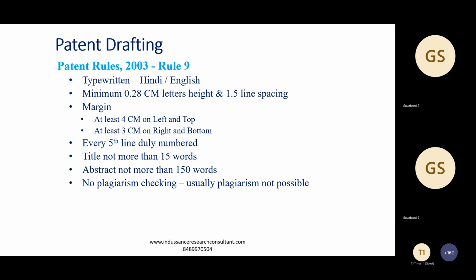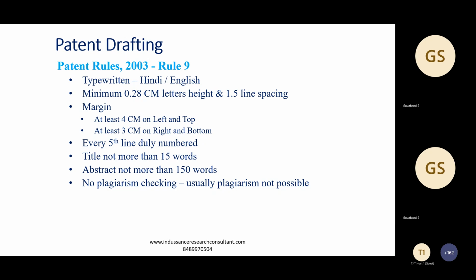So for patent drafting, we have the Patent Rules 2003. Rule number 9 is very important. We have many rules, but I have cut down and put the main rules which are necessary for the person who is planning to get his or her research work patented.